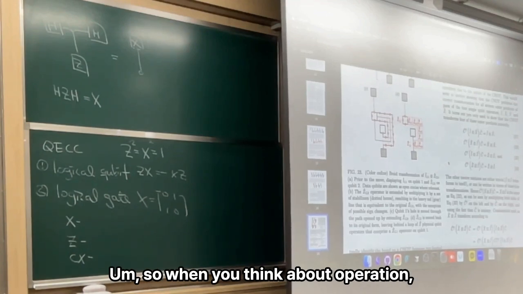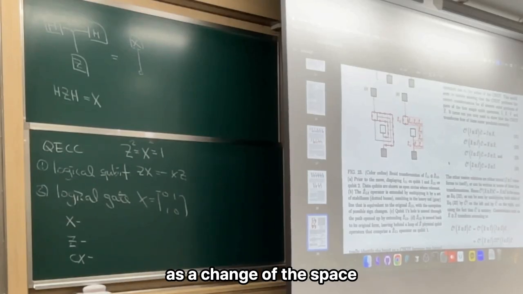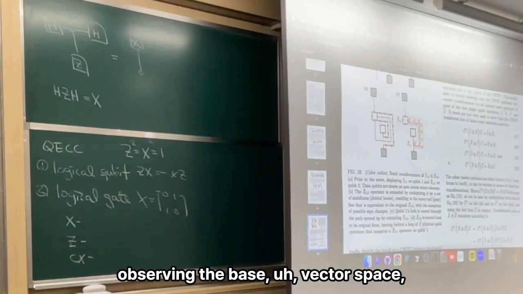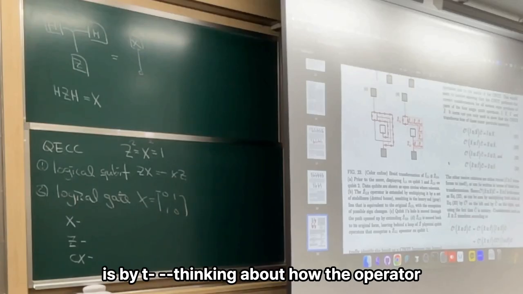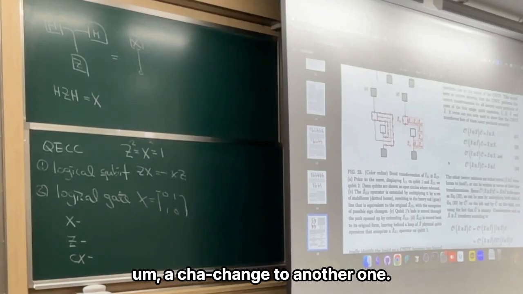So think about an operation as a change of the space, a change of the basis of observing the state, the base vector space. Then the only way you can detect it is by thinking about how the operator is changed to another one.